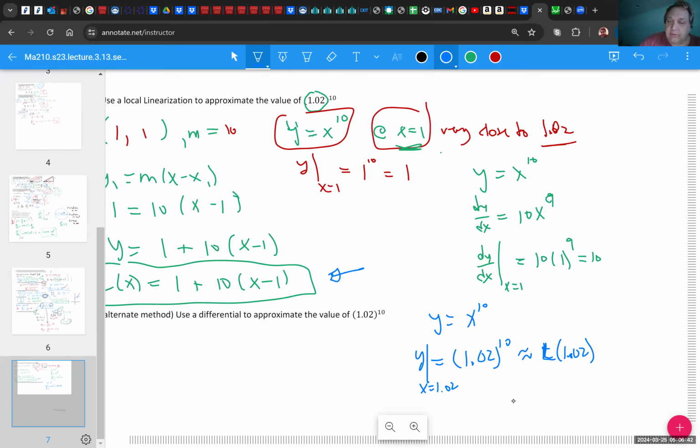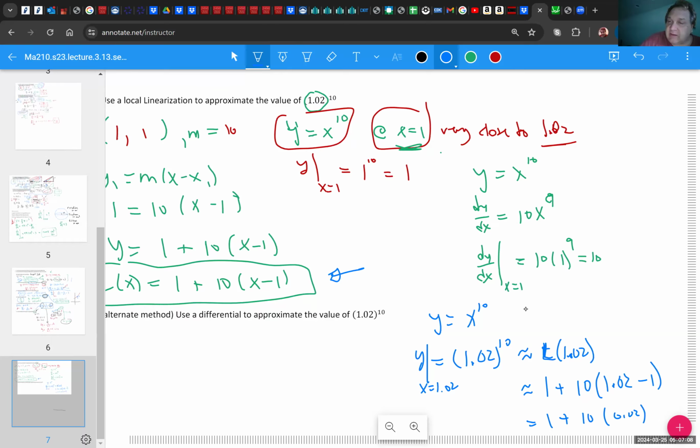So L of 1.02 is 1 plus 10 times the value 1.02 minus 1, which is 1 plus 10 times 0.02. Oops, not 0.2, 0.02. When I multiply by 10, I get 0.2.